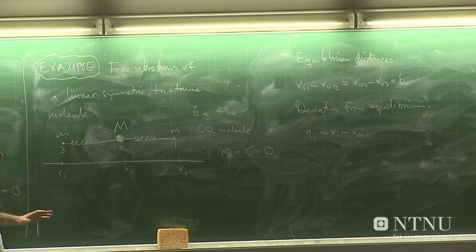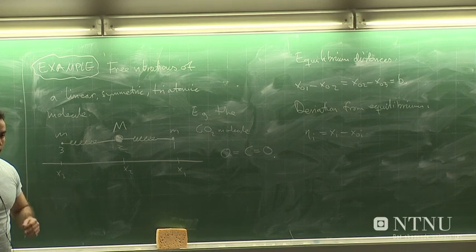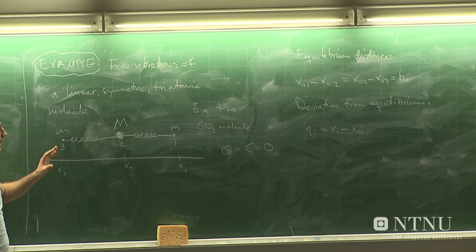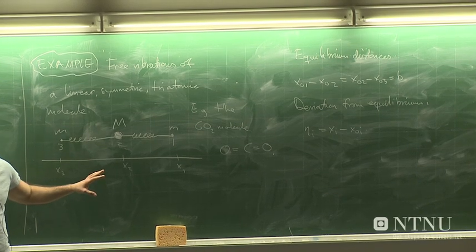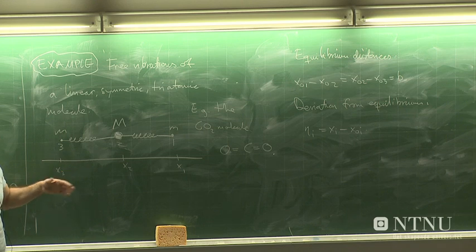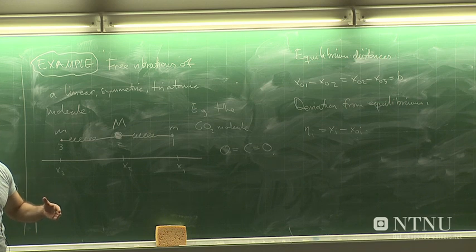But in order to solve the system analytically, we'll make a simplifying assumption about how these atoms interact. And we'll justify this on the basis that the deviation from equilibrium is just small.